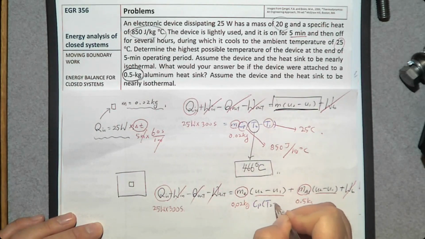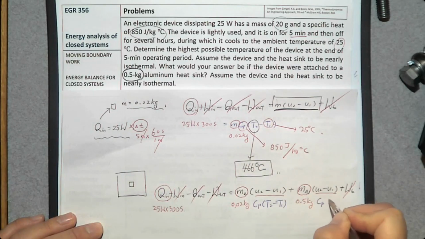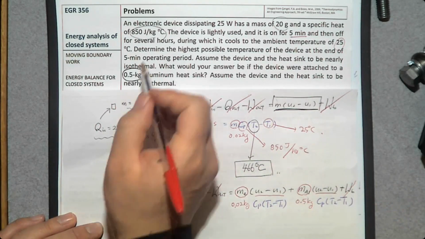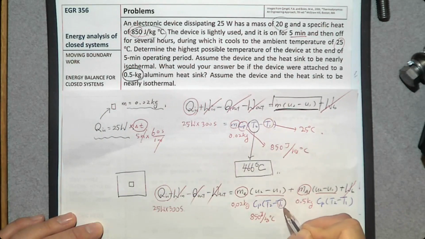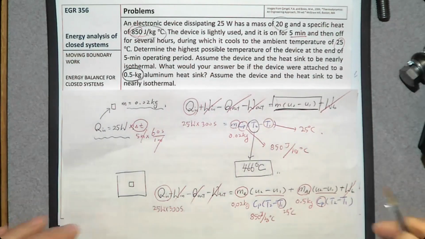Cp, T2 minus T1. What is the Cp of electronic device? 850 joule per kilogram Celsius. And what is the initial temperature? 25 degrees Celsius. What is the specific heat of aluminum block?